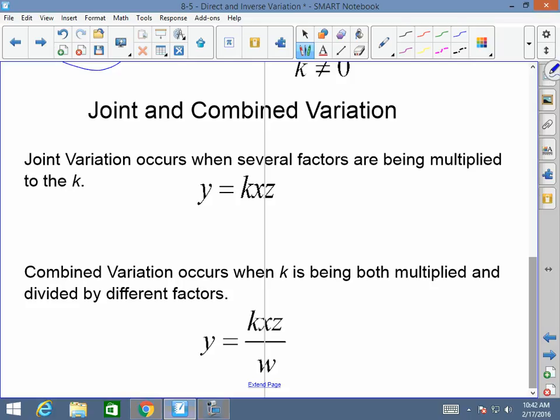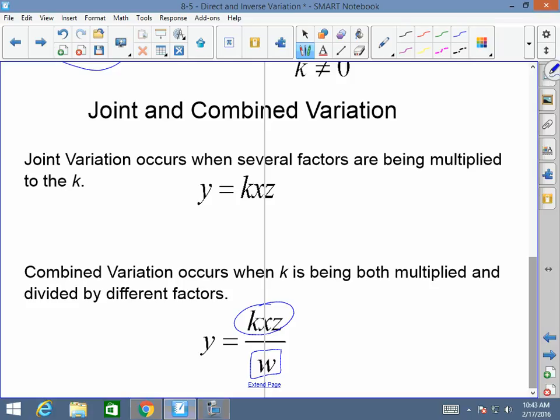When you're multiplying factors to the k, that's called joint variation. It's just multiplying. Combined variation occurs when k is being both multiplied and divided by different factors. So combined variation is a direct variation because you have something being multiplied to the k, but it's also an inverse variation because you have something being divided to that k.